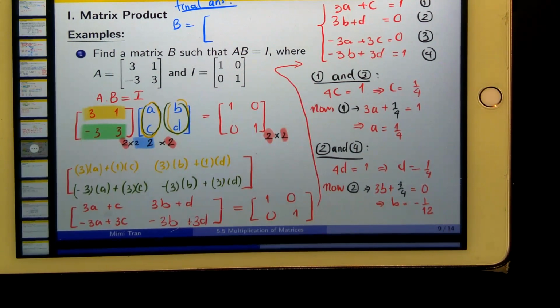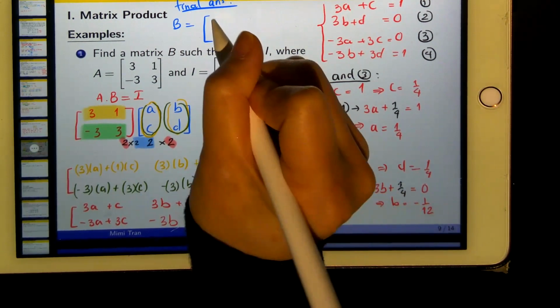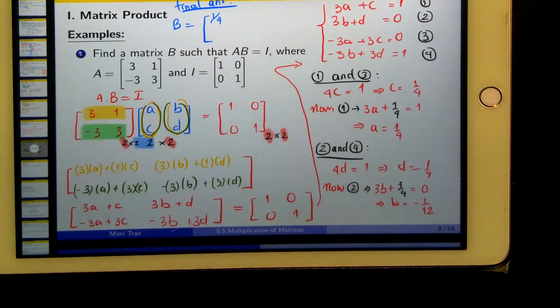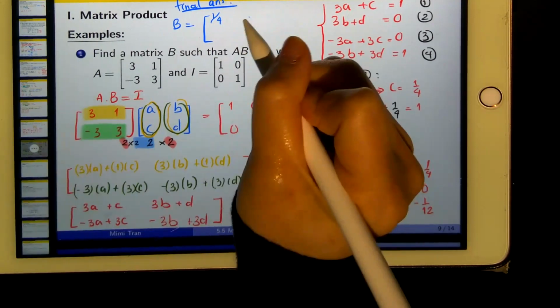Final answer. Remember, you're looking for matrix B, which has entries A, B, C, D. All you have to do is plug them in. A is 3/4. B is negative 1 over 12.